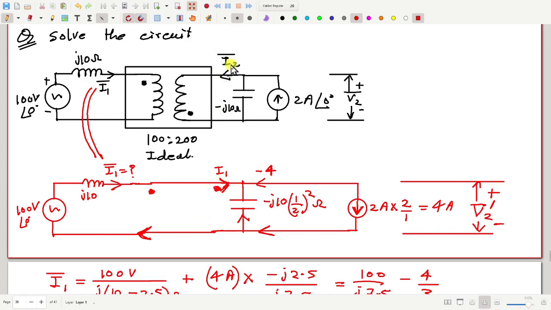So how much will be this I2 in the original one? So this will be this I1 minus of that because this is in opposite direction. Maybe I call it I1.